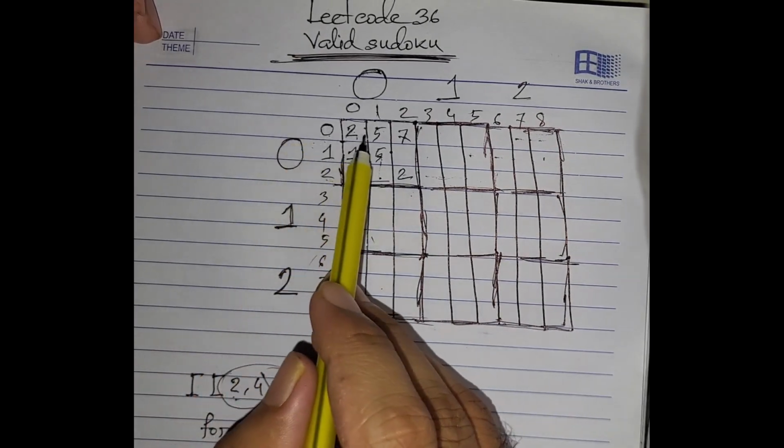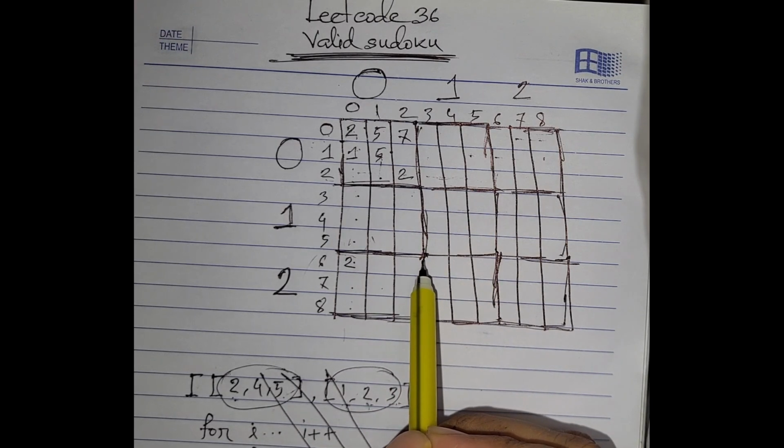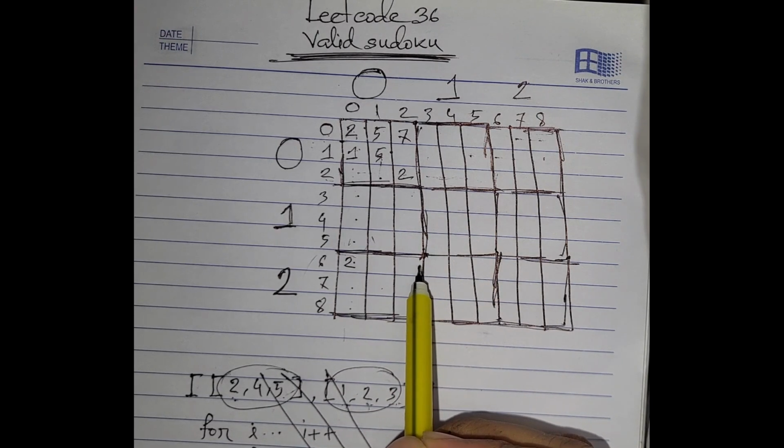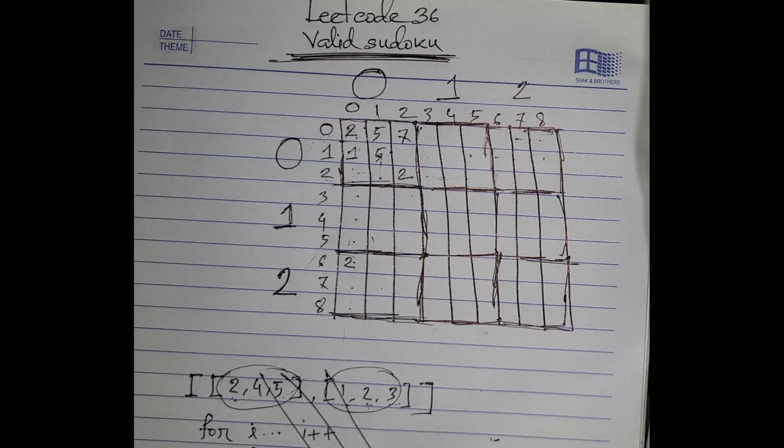So for each row, we will have a set. What is a set? Well, in a set, you cannot have duplicate values, and also from a set, you can easily check whether a value exists in your set or not. So the time complexity of that is O(1). That's why we're going to use a set, because it's easier.